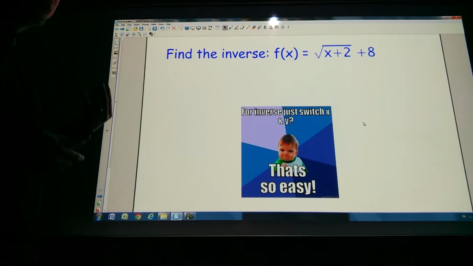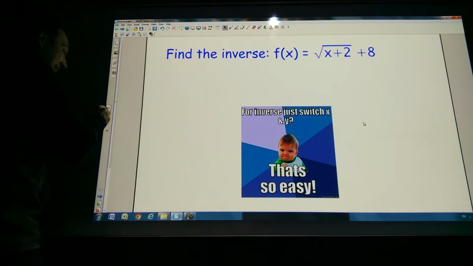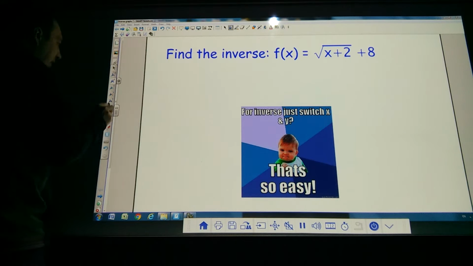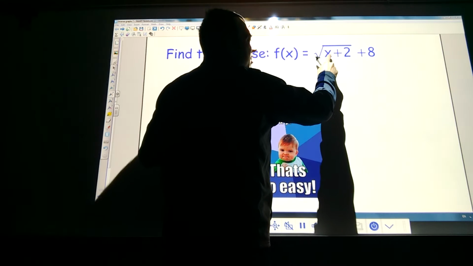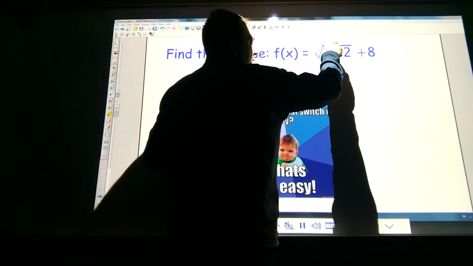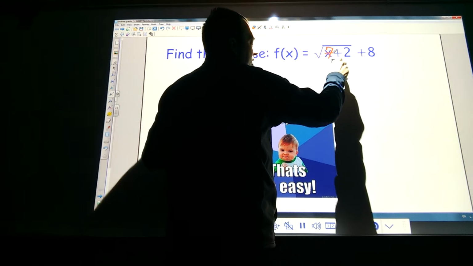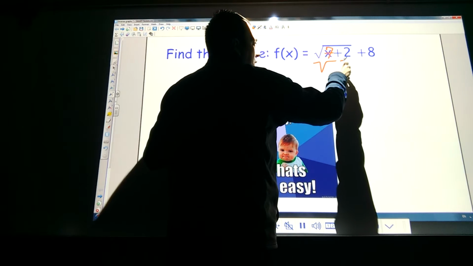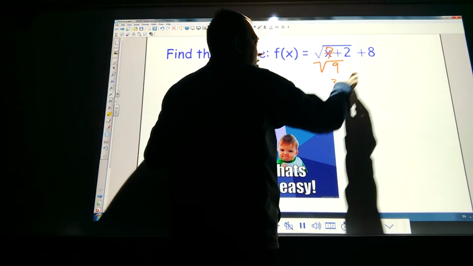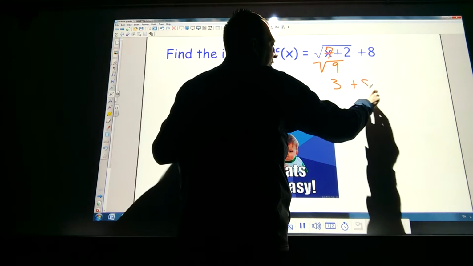Just for those people who care, I can't really test over this concept, but what is an inverse? Let's suppose I plug in 7 for x. 7 plus 2 is 9. Square root of 9 is 3. And then I'm supposed to add 8.